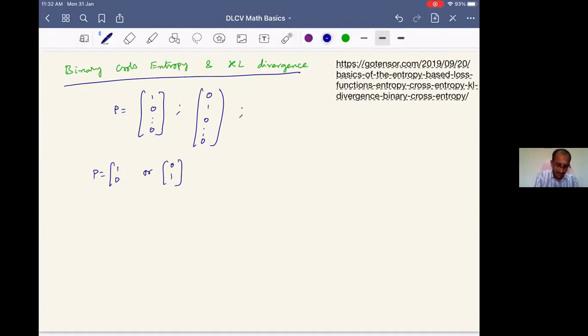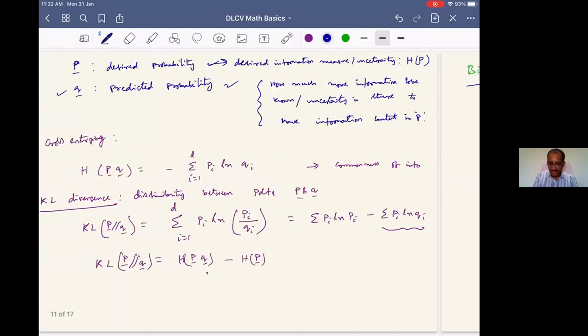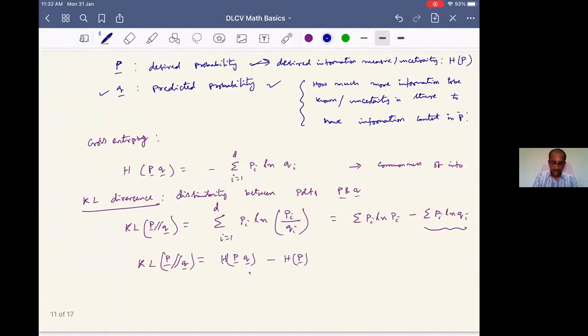In such a case, we can simplify the expression for computing the cross entropy and KL divergence. Before we move on to this, if you observe the KL divergence and cross entropy, assume that P is fixed. Why are we considering P fixed? Because P is the desired probability.